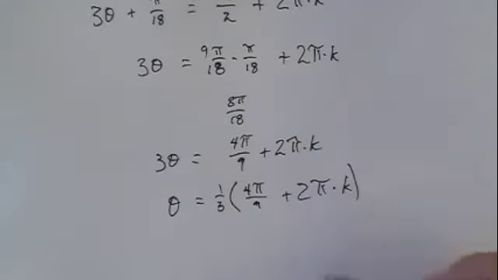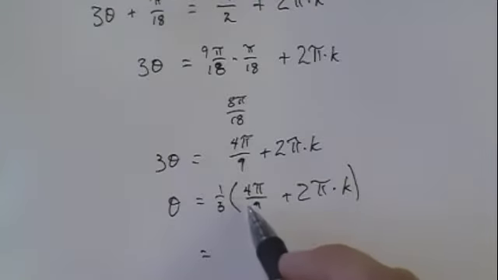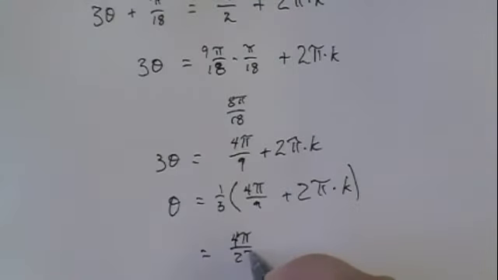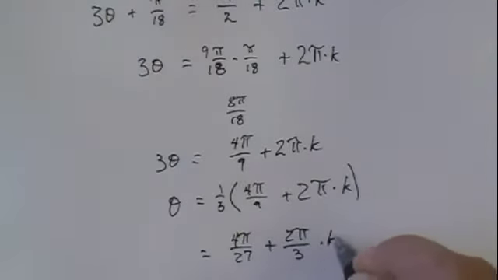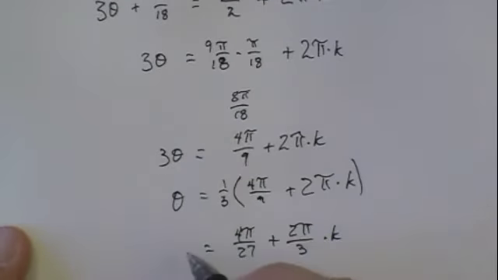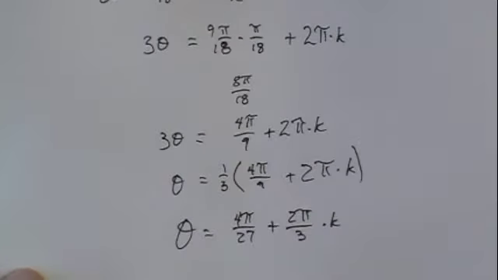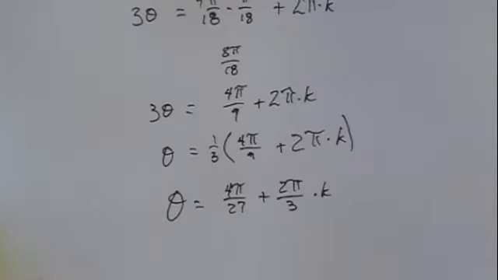So it is going to affect this period here. So what we end up with then is we multiply here. We're going to get 4 pi over 27 plus 2 pi over 3 times k. And that would be our multiple solutions for theta.